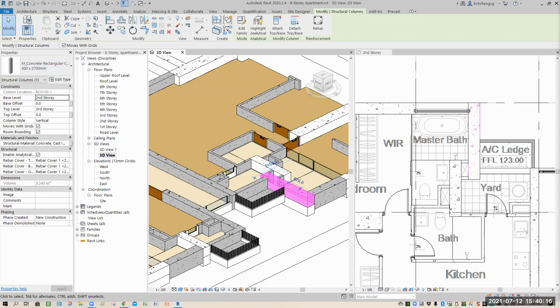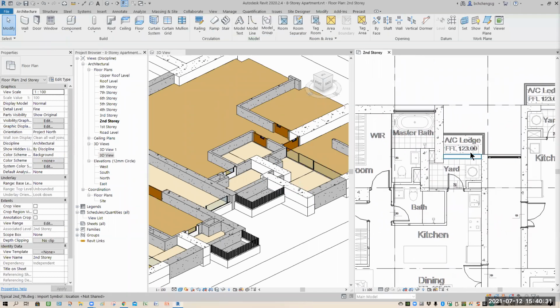Because I believe when you do your design on your own, you must have encountered a lot of things that are different. I think your drawing here also has a flaw. You see this? The aircon ledge at second story. This guy, there's a bug here. How can the floor level be 1, 2, 3? This is wrong.